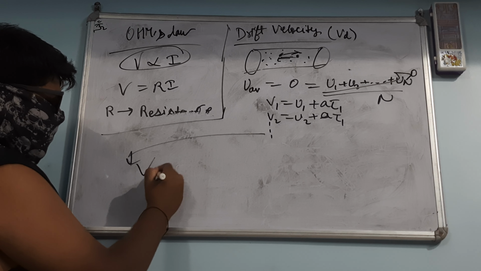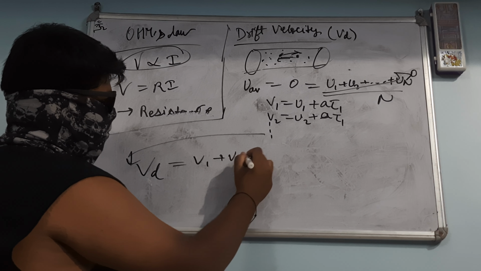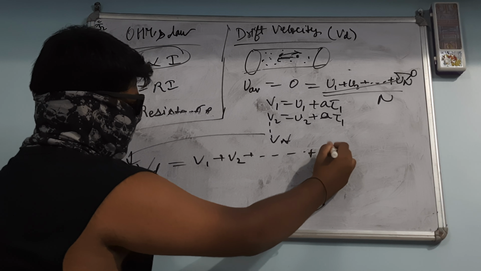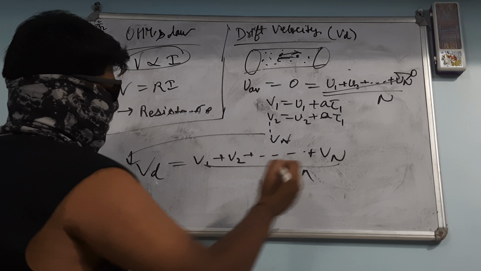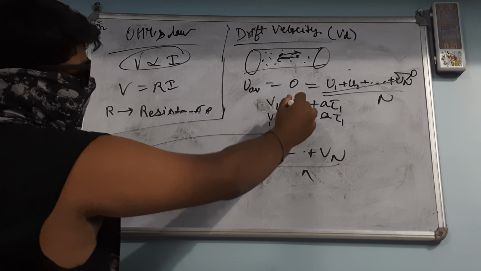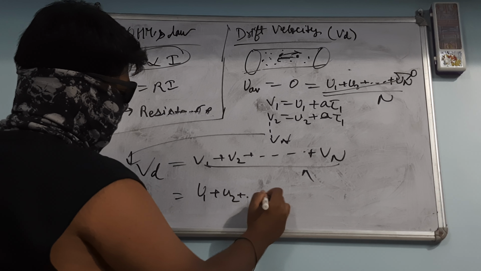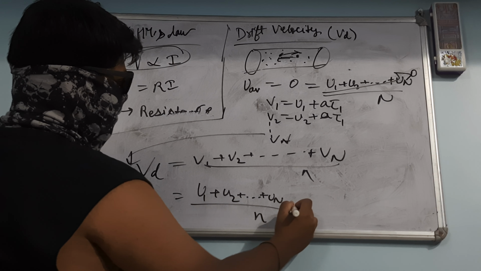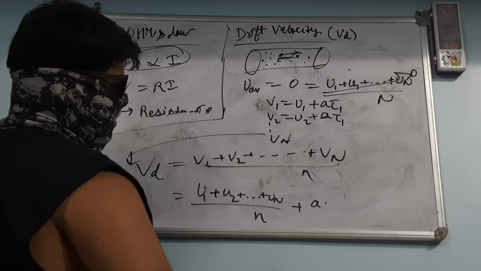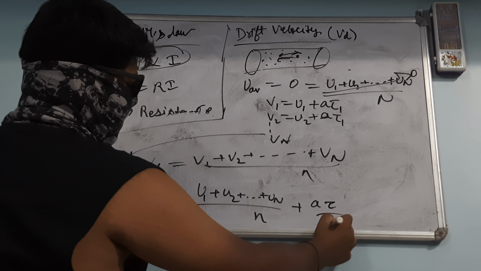So drift velocity is equal to (v1 plus v2 plus ... plus vn) upon n. Now we will replace v1 till vn by this. So we get (u1 plus u2 ... un) by n plus a into total time by n.